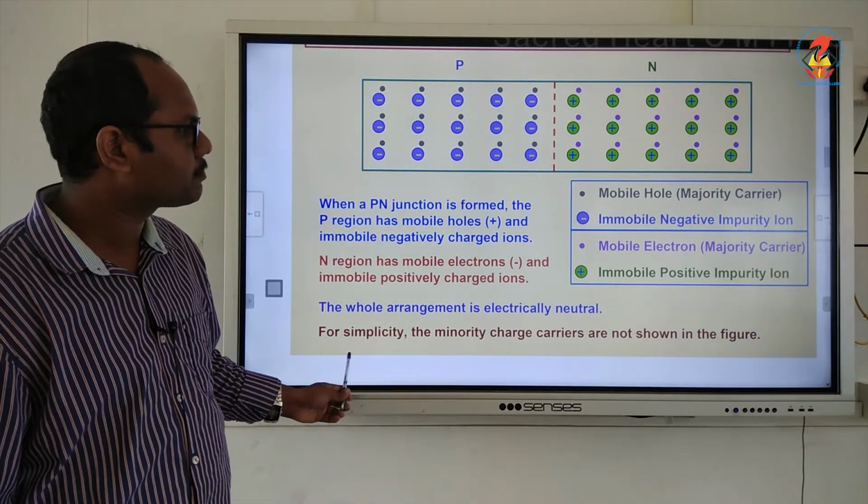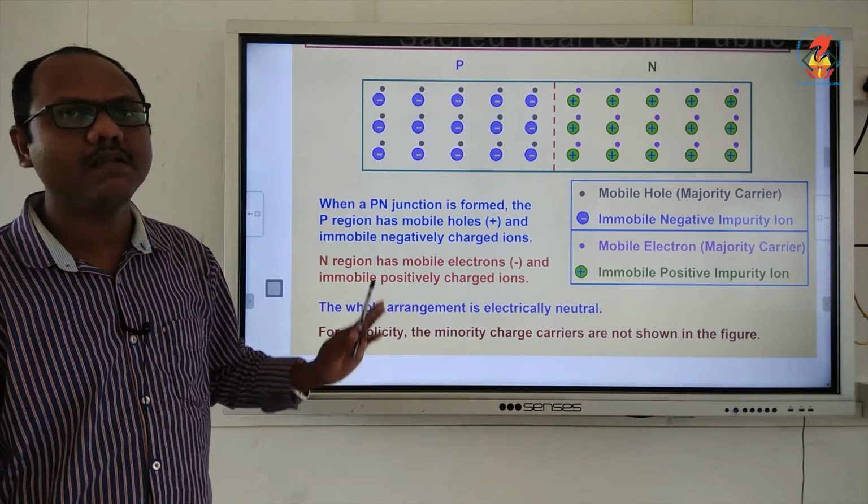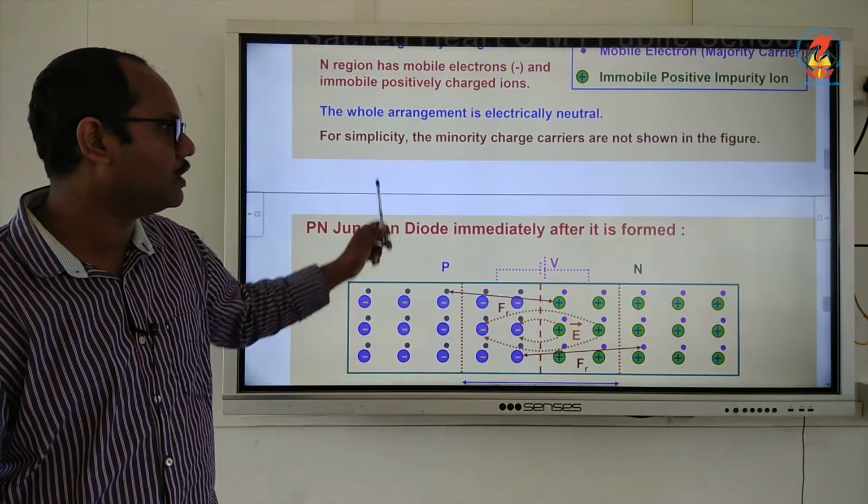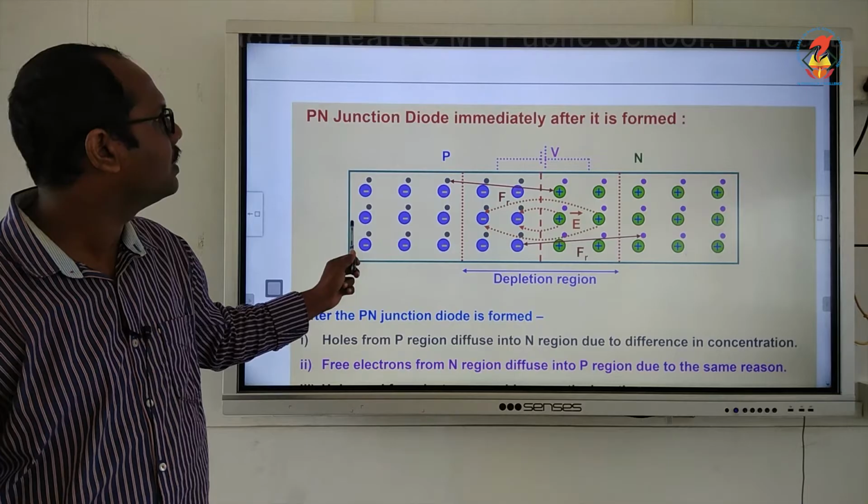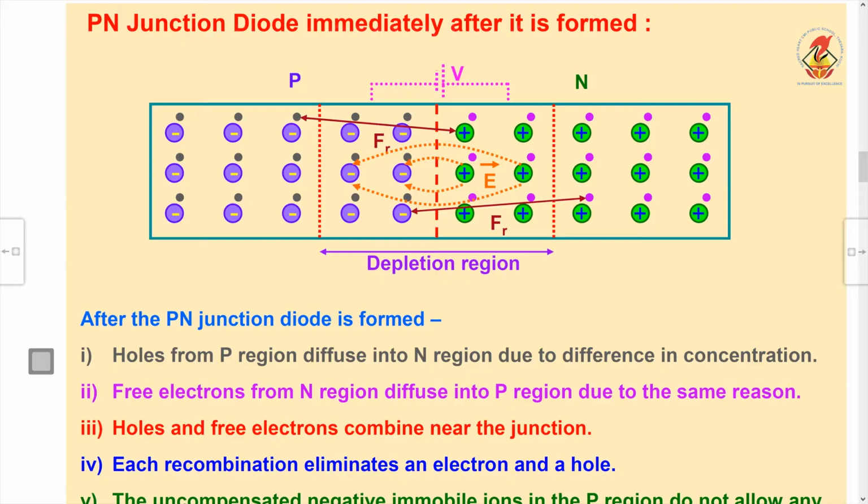Now, what will happen soon after the formation of the PN junction? When a PN junction is formed, holes from the P side, look at the figure carefully, will cross the junction and move towards the electrons on the N side.